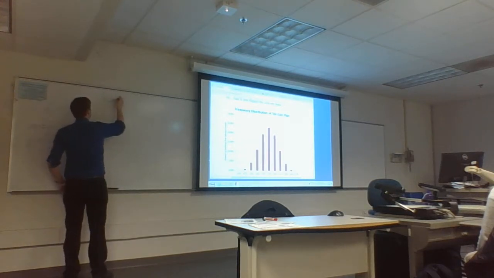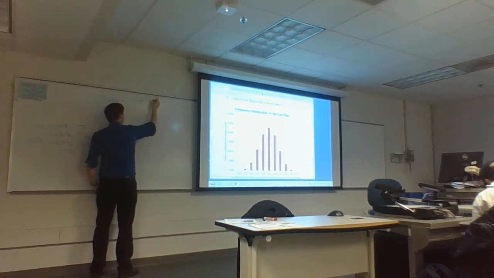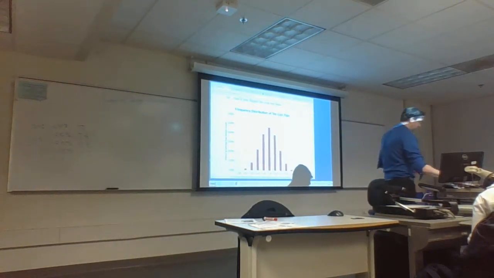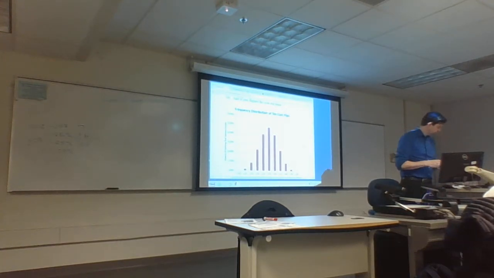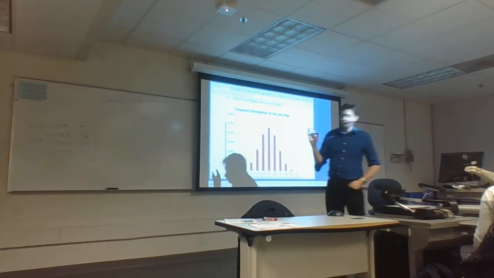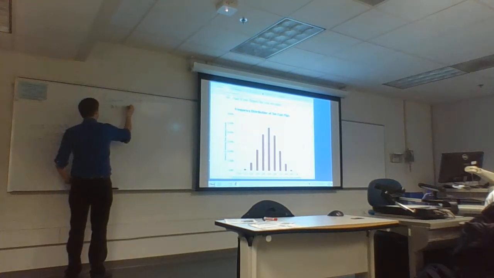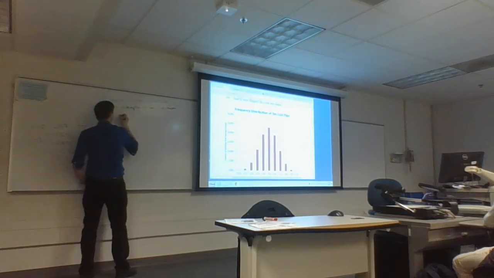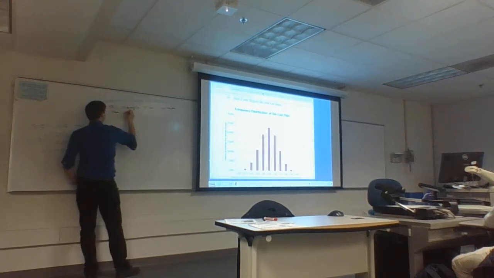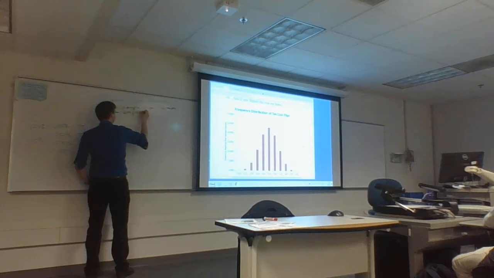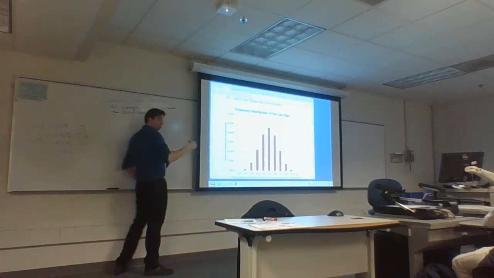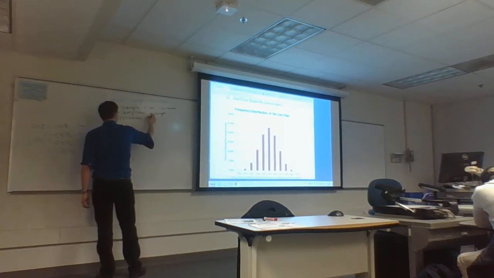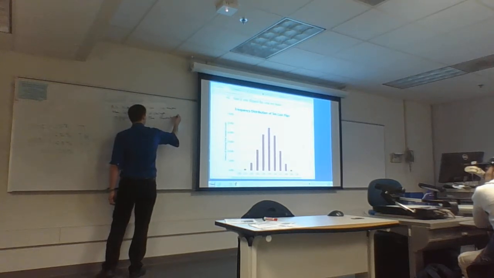And this is what we call the law of large numbers. As sample size increases, the empirical average, what we're measuring with data, approaches the theoretical average.